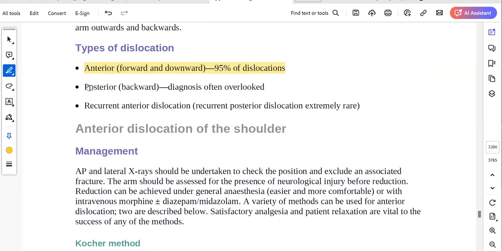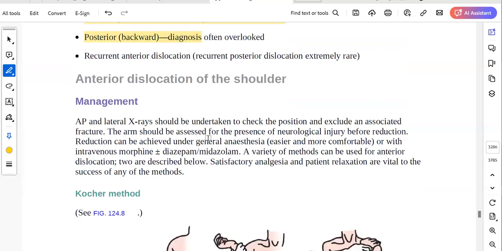And few cases, especially if a patient has got an epileptic seizure and then comes with a shoulder dislocation, then most of the time it comes as a posterior dislocation. Okay? And posterior means backward dislocation. So if the shoulder moves forward to the joint, that's anterior dislocation, and if it goes backward towards the joint, that's posterior dislocation.